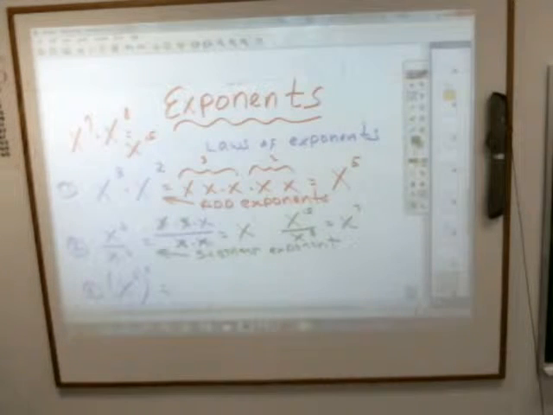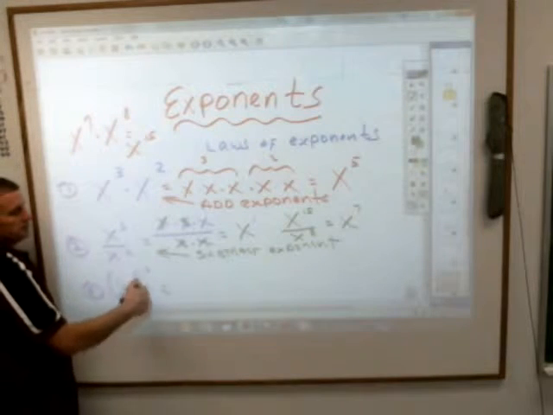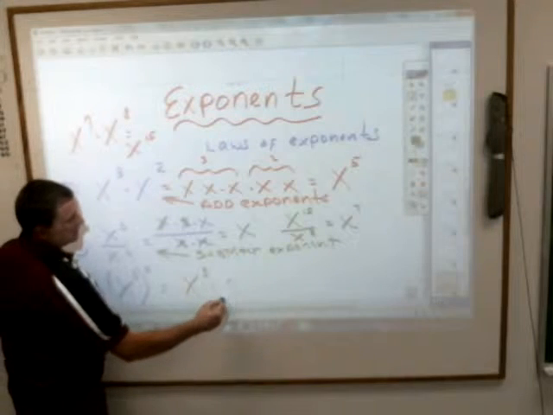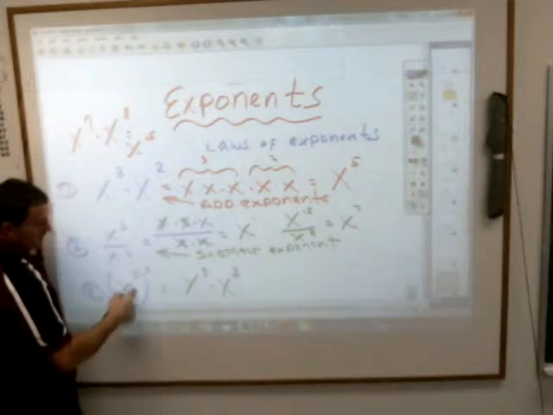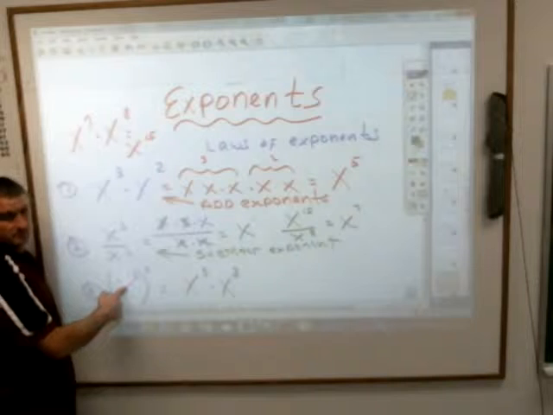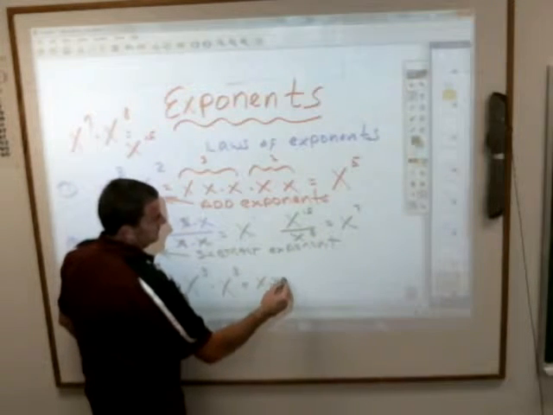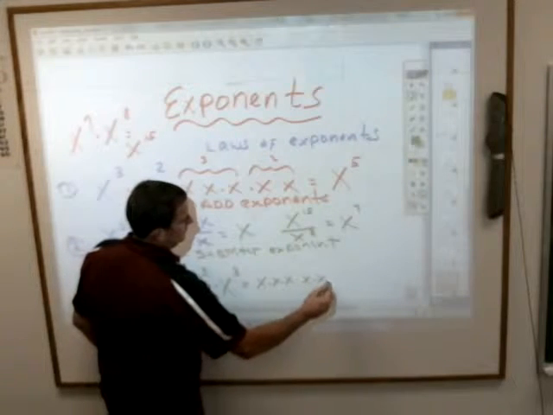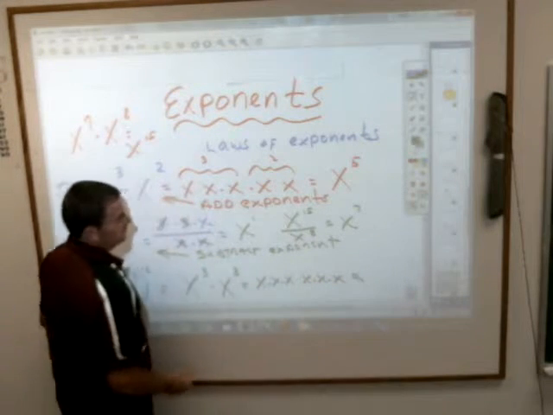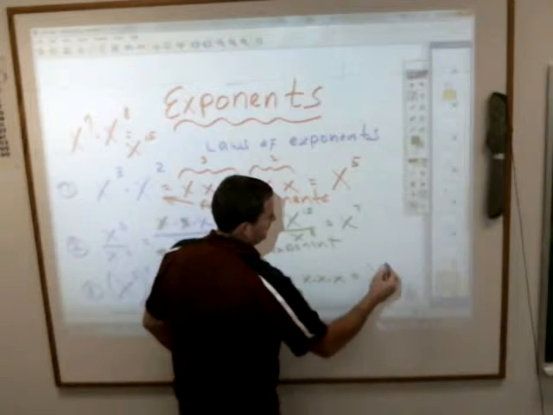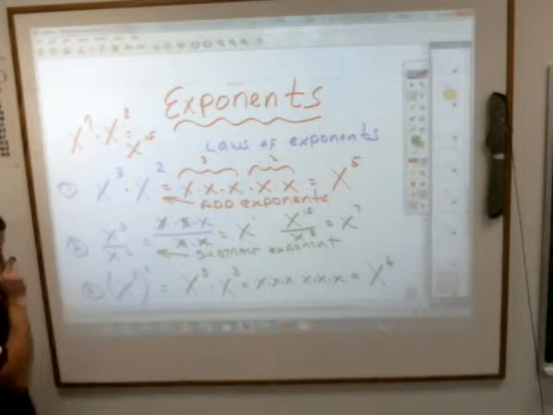Interesting way that works. Let's think about what this means. X to the third squared means that you have x to the third times x to the third. It's this thing times itself, which for those of you that said the answer was x to the sixth, you were correct.